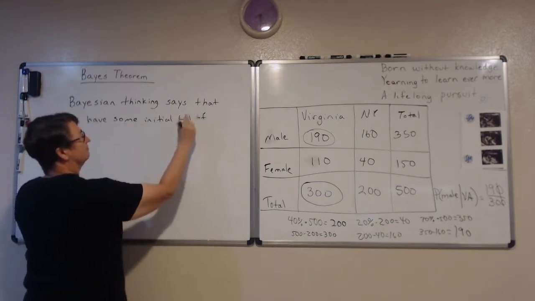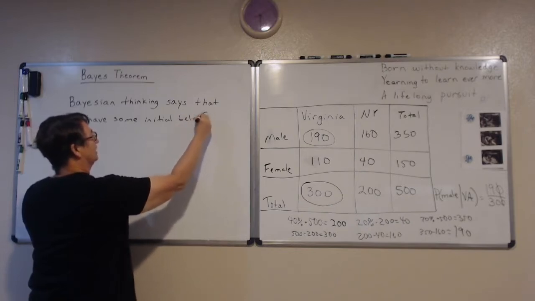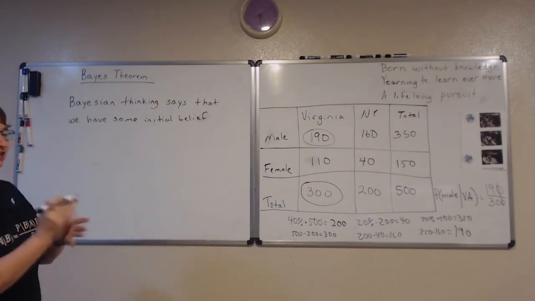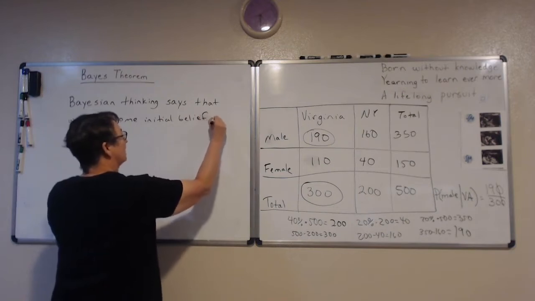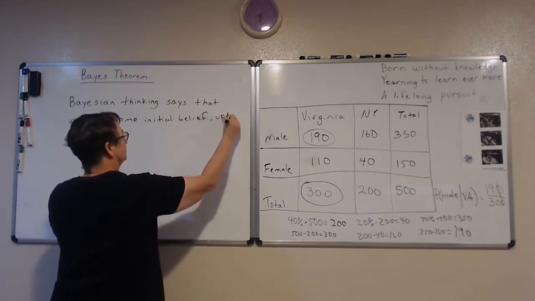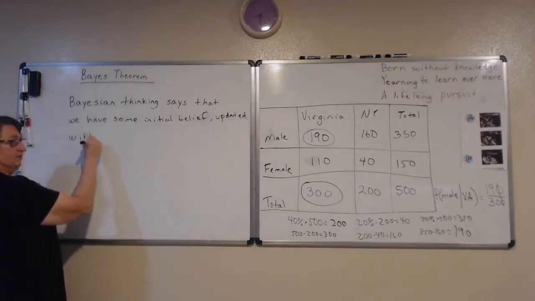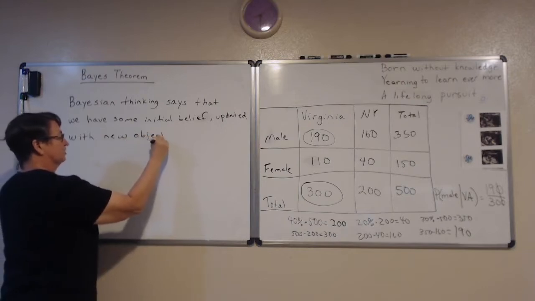Belief. I before E except after C, so it must be IE. Like that? We have some initial belief, something that we believe, and then we're updated with new knowledge. New information.